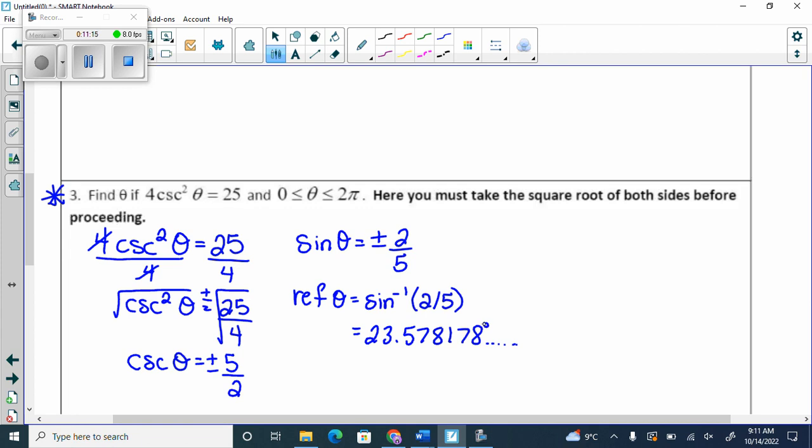So I could do that, or I could say, my domain's in what? Radians. So I could put my mode in radians and get that instead. It doesn't matter which way you do it. It does matter that in the end you have radian answers though, right?